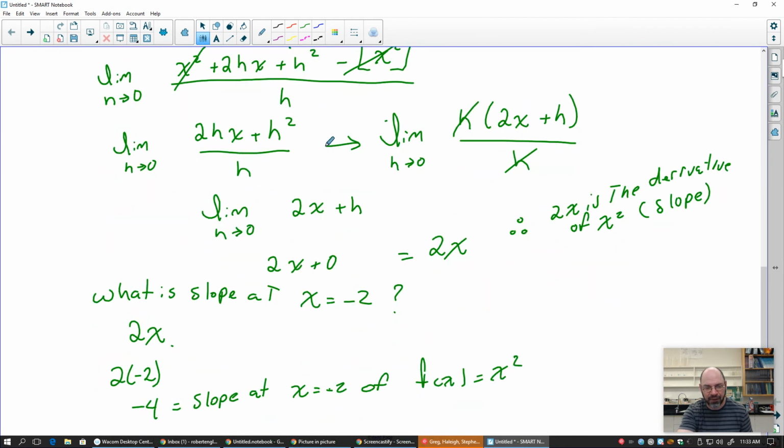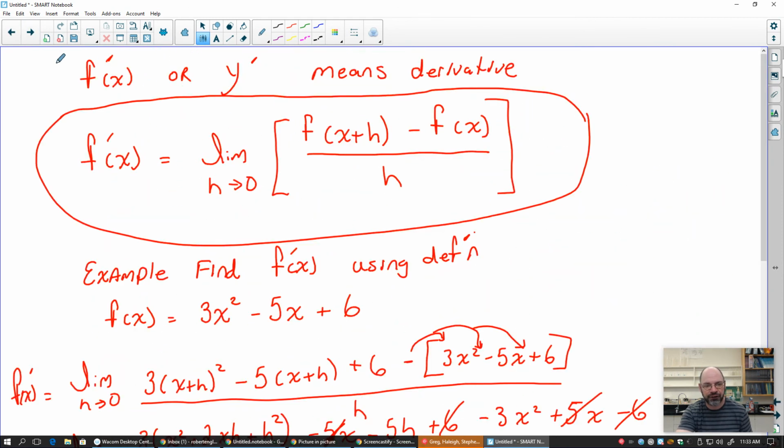If we do that, that gives us a definition of a derivative. A derivative is f prime of x, or y prime represents derivative, and it is the limit of the function with plugging in x plus h and then subtracting the function f of x, over h.